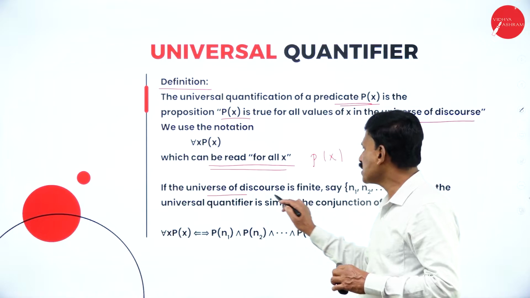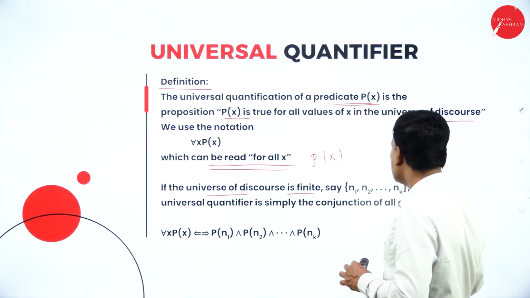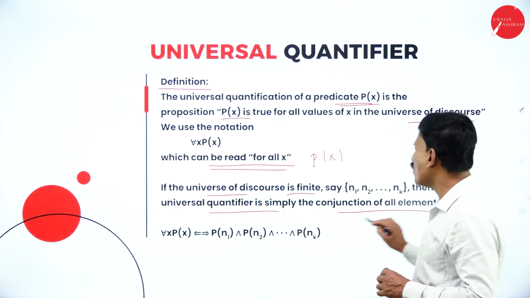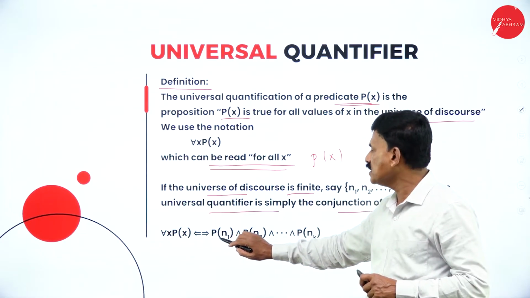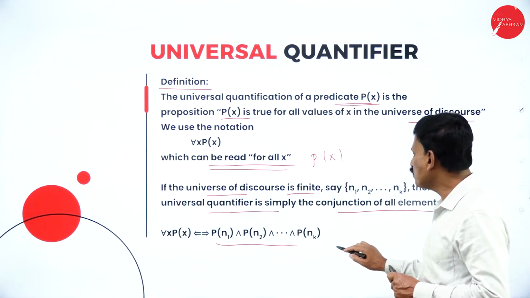Now, if the universe of discourse is finite, say n1, n2, up to nk, then the universal quantifier is simply the conjunction of all the elements. That is, for all x P of x is P of n1 conjunction P of n2 conjunction, etc., P of nk.